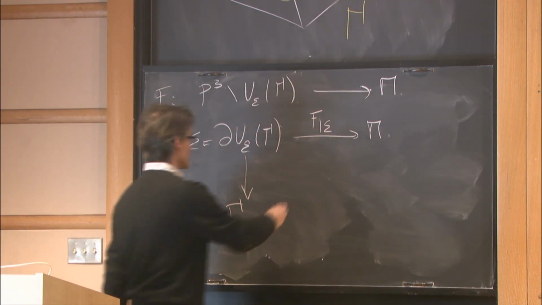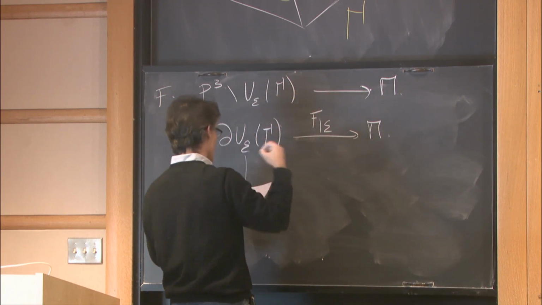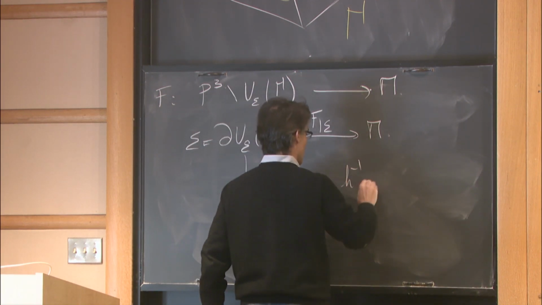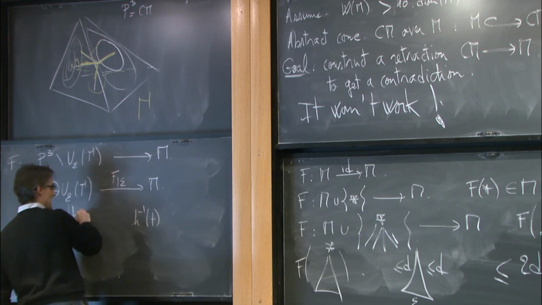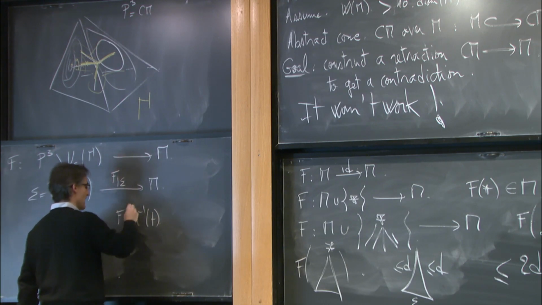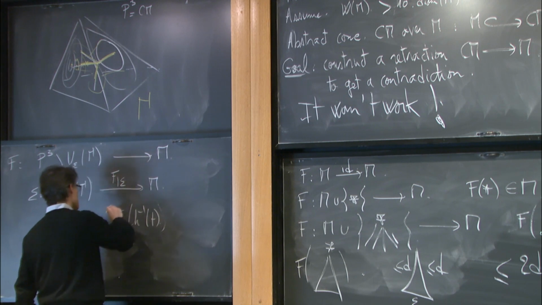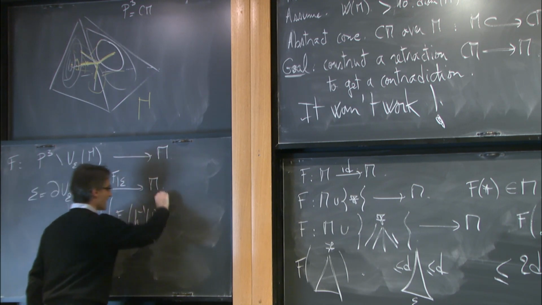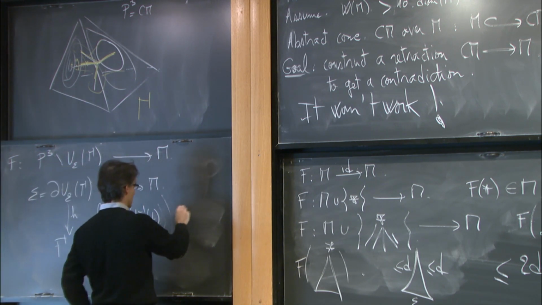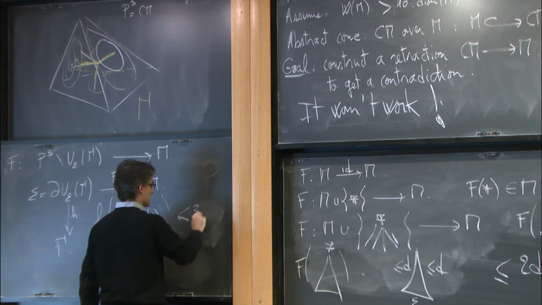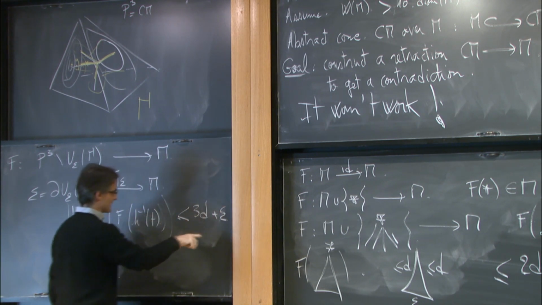And by construction, the pre-images are sent by F to loops of length, because you know everything, 3D plus epsilon or something like that.